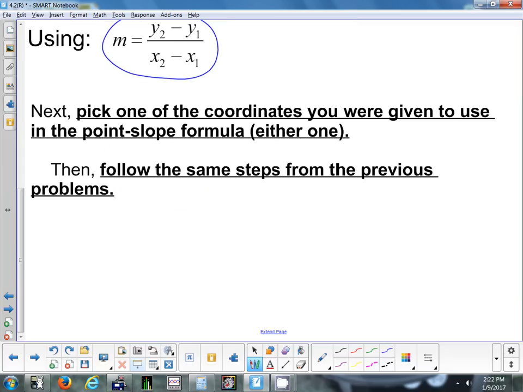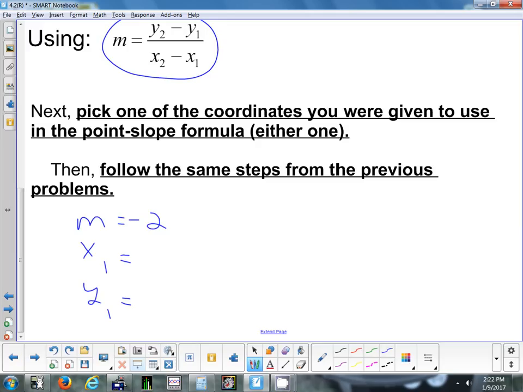Okay, so it's 3 things we need: the slope, x1, and y1. Can somebody remind me, what did we calculate for the slope? Was it 2? Oh, negative 2. Okay, so there's my negative 2.